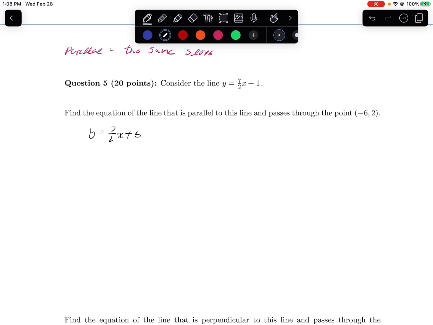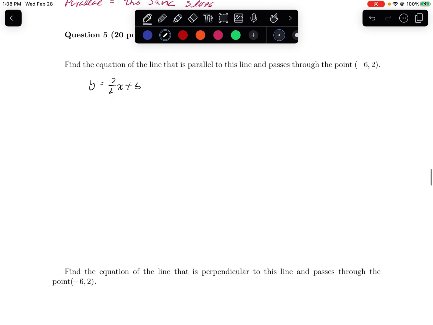We have the point (-6, 2), and just like we did for the previous question, we plug it into this line and figure out what b is. We take the y value, which is 2, and the x value, which is -6, and plug them in.